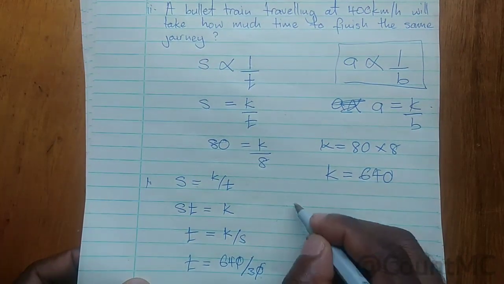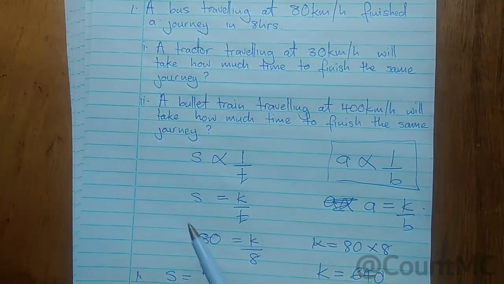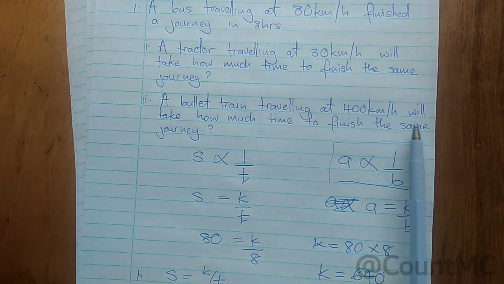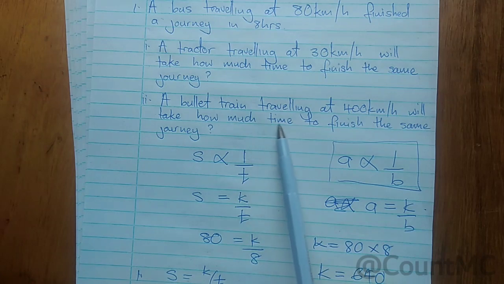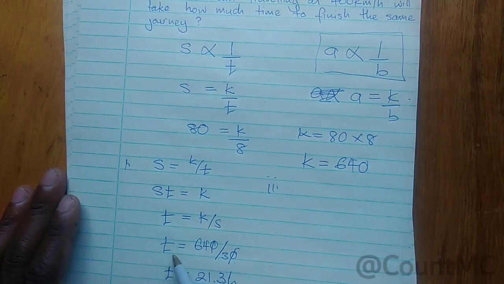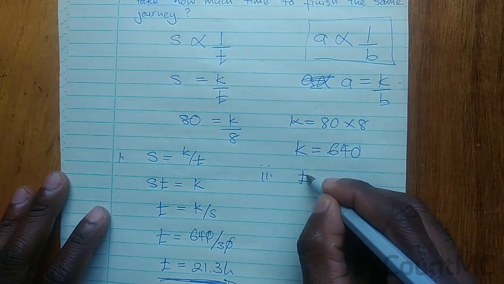Let's do part 2 of the question. A bullet train traveling at 400 kilometers per hour will take how much time to finish the same journey? So we also want time. We know the formula for time. We have used it.